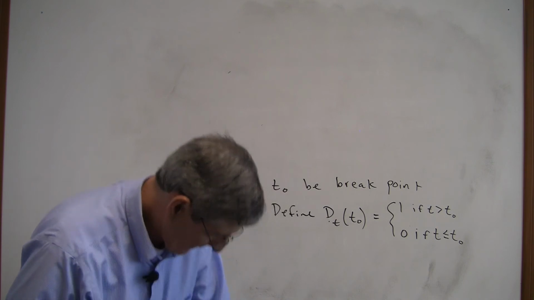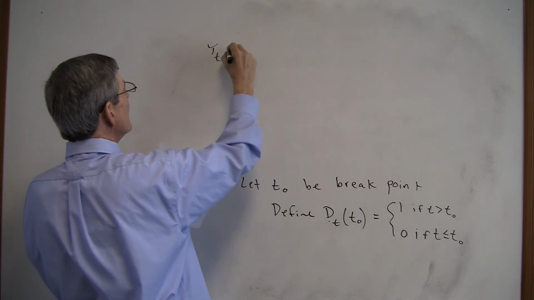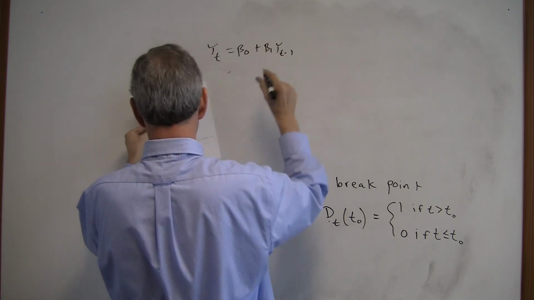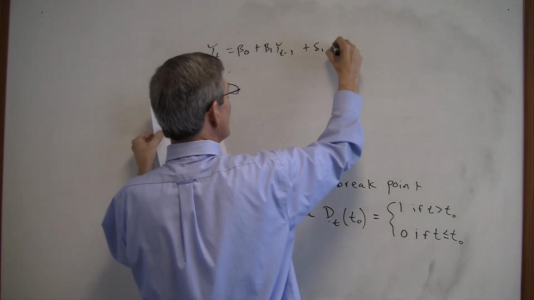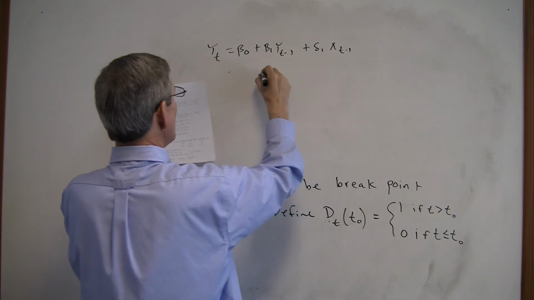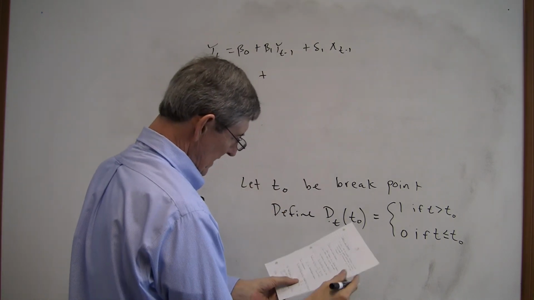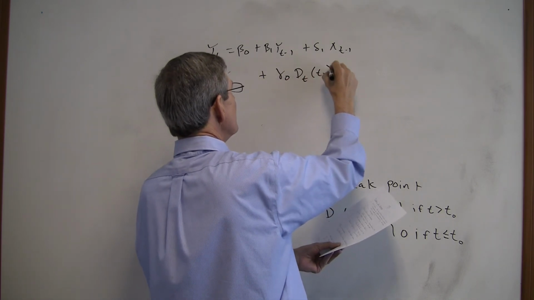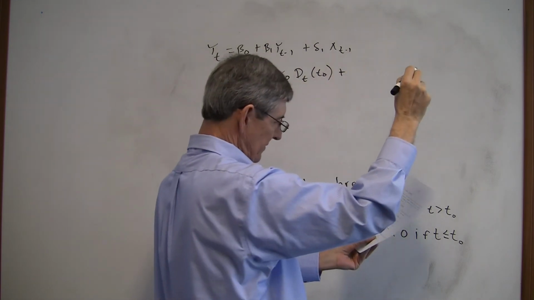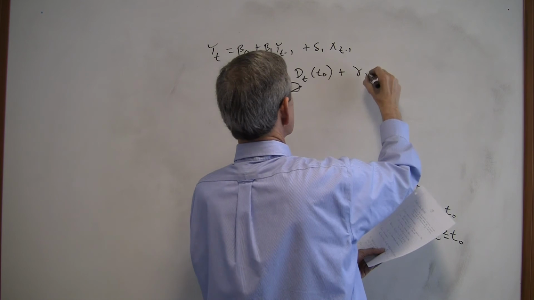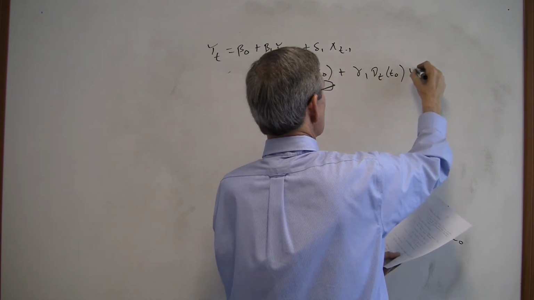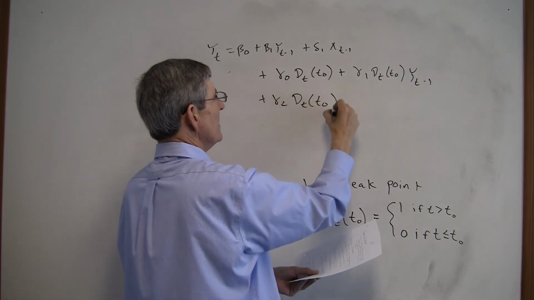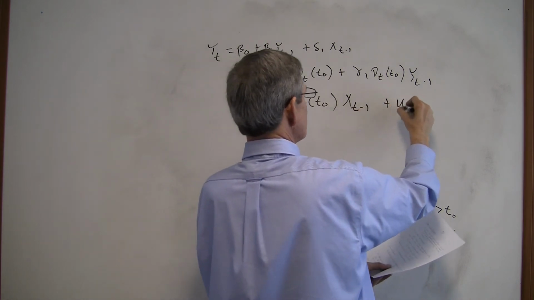and then you would run the model yt equals beta 0 plus beta 1 yt minus 1 plus delta 1 xt minus 1 plus gamma 0 dt of t0 plus gamma 1 dt of t0 times yt minus 1 plus gamma 2 dt of t0 times xt minus 1 plus ut.